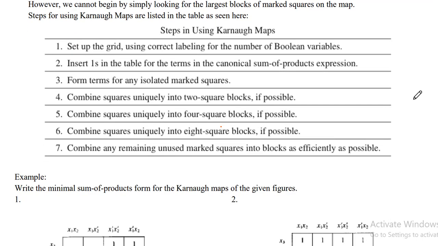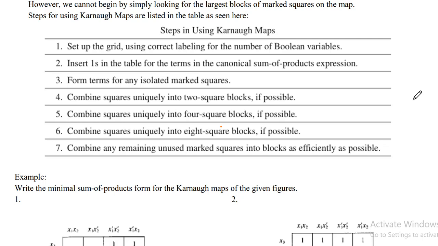You set up the grid, and as I said in my previous video, it's very important to set up the grid correctly, using correct labeling for the number of Boolean variables. And again, K-map is used when you have up to 4 variables, x1 to x4.